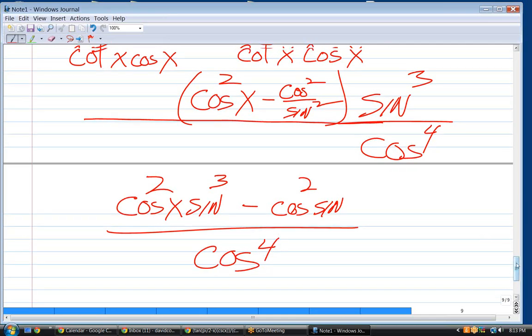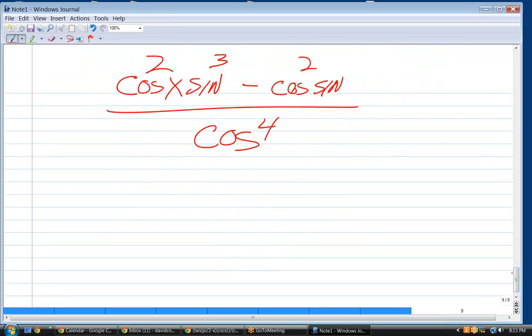Does that cancel out the cosine then? No, let's see. If we take our numerator, we can factor out a cosine squared and a sine. I may have done this the long way, but that frequently is what happens with these trig things. You can take the long route.